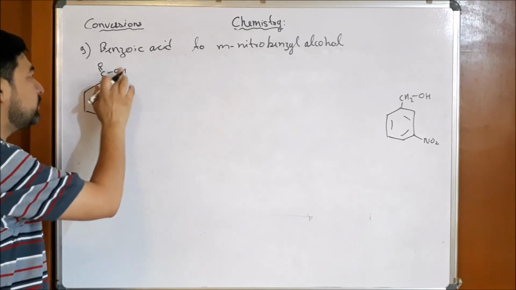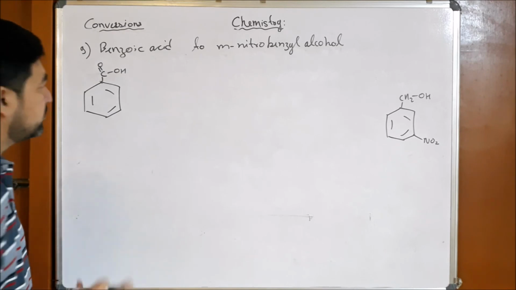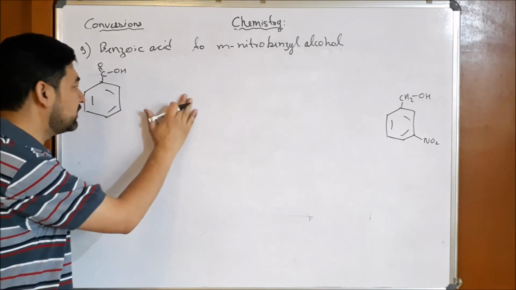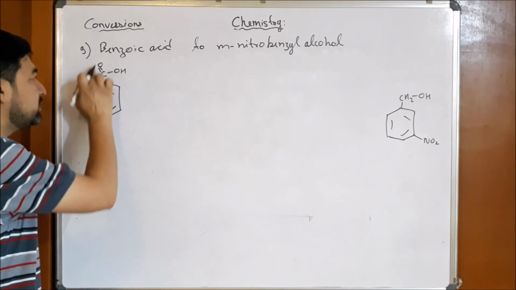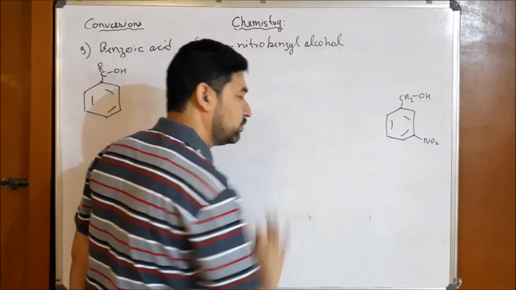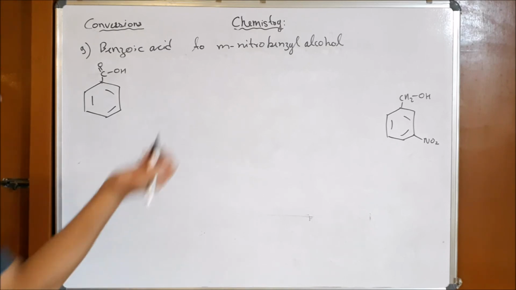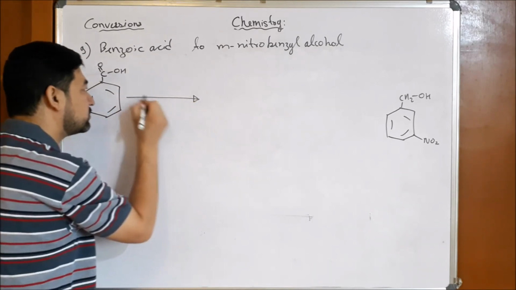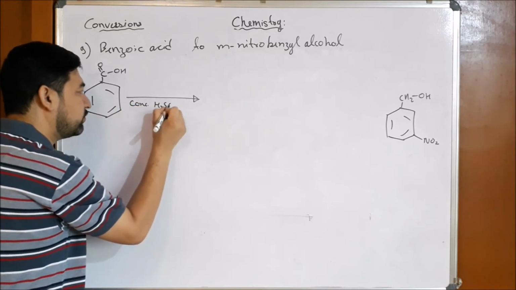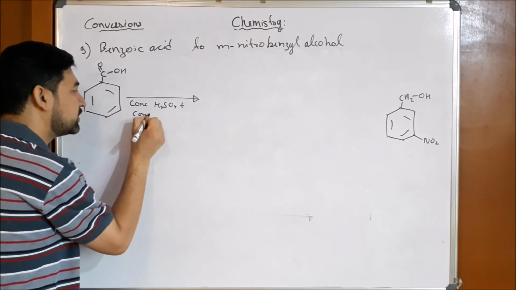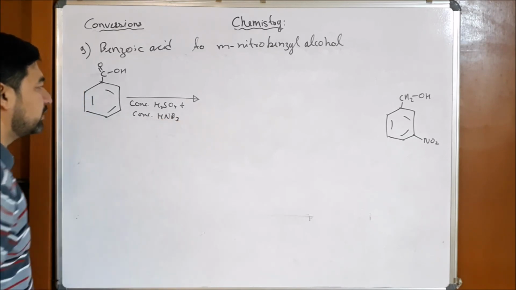Our main intention is to introduce nitro here. COOH is a meta-directing group for an incoming electrophile, so there is no problem in nitration. We can do the nitration, and the nitro group comes here. The next problem is we have to convert the COOH into CH2OH, so the reduction part is there. First is nitration, with a mixture of concentrated H2SO4 plus concentrated HNO3.